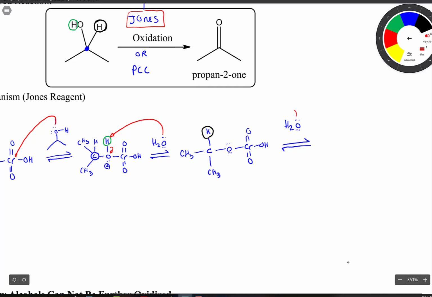Now water is going to come around, grab that H. So these electrons now need to come down right here. They're going to do that. And then we're going to come down and push electrons back onto the chromium. So in addition to H3O+, we're going to get our CH3, carbon, CH3.